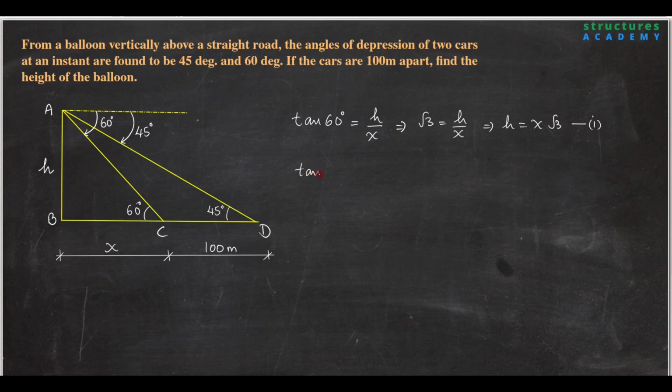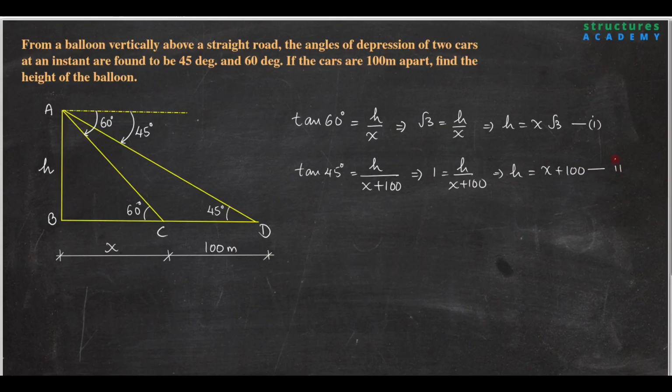Tan of 45 degrees would involve the larger triangle. If you observe, the opposite is h and the adjacent is x plus 100. So tan 45 would be h upon x plus 100. Tan 45 is 1, which essentially means h is x plus 100.